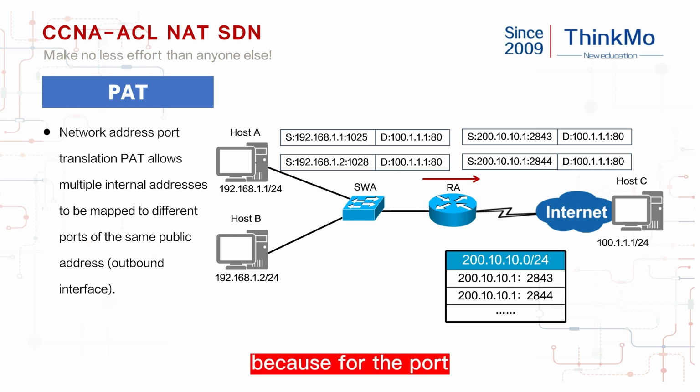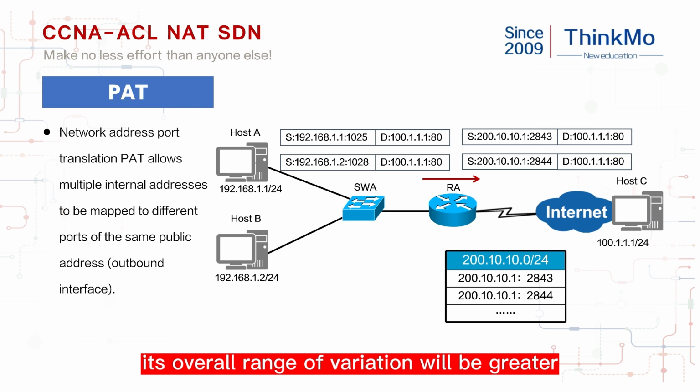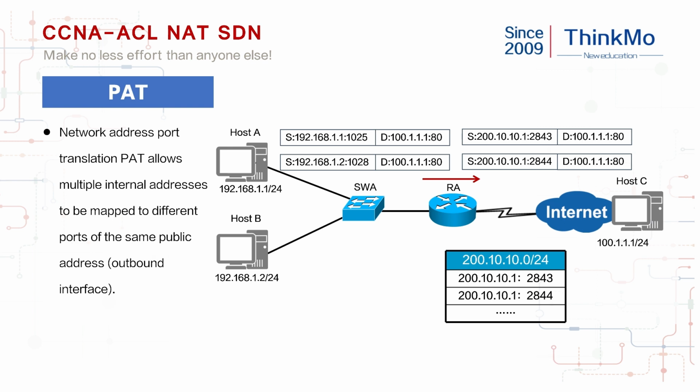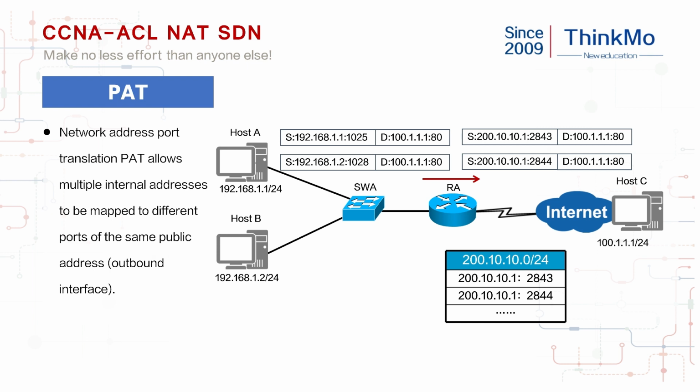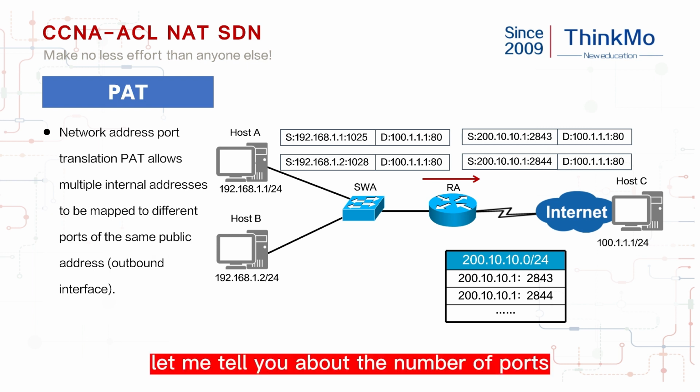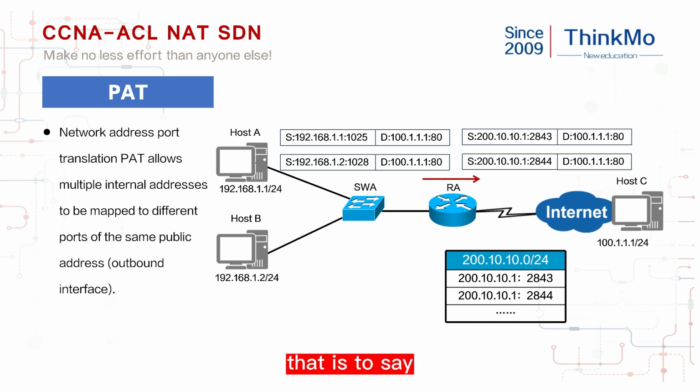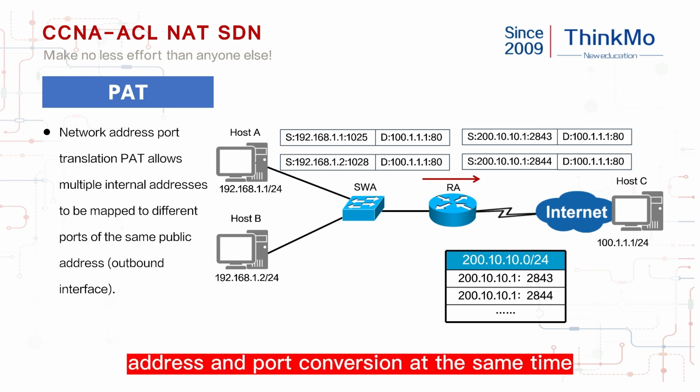Because for the port, its overall range of variation will be greater. I said before, there are 65,535 ports in total. That is to say, we actually use this form now, whether at home or at work. In fact, this is the way. Multiple hosts, address and port conversion at the same time.